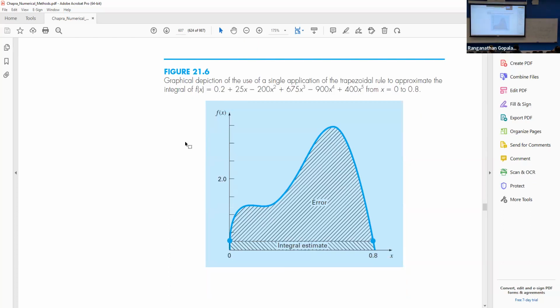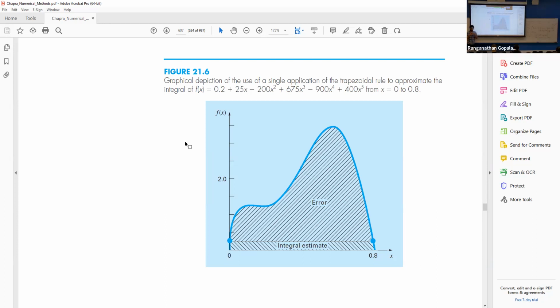So here is a function, a fifth order polynomial, which is graphed by the blue line. If we do a single application of the trapezoidal rule, wherein you consider the interval 0 to 0.8 as a single segment, then you can substitute f of 0 and f of 0.8.